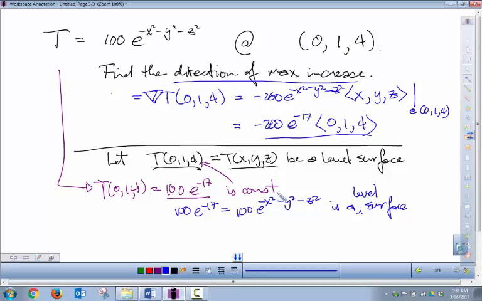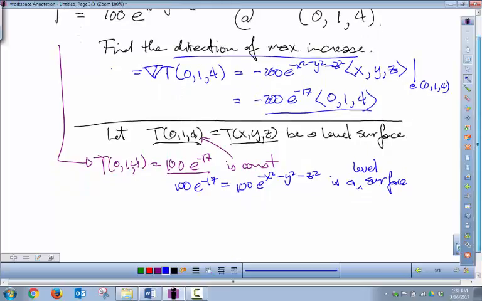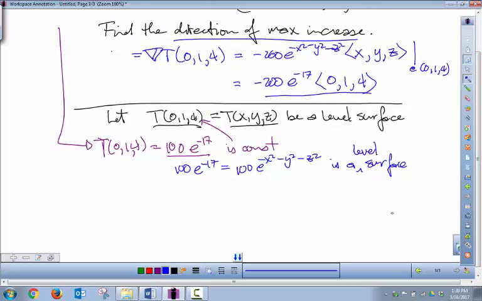It's the temperature of the sun to the core: the temperature is highest at the sun, and then as you start going inside, you'll have different temperatures. So anyways, this level surface happens to be a sphere if we really work it out. But let's say we didn't know and we didn't really care.